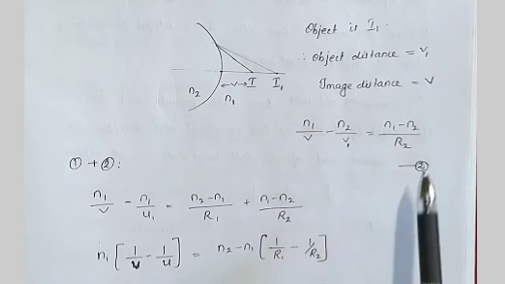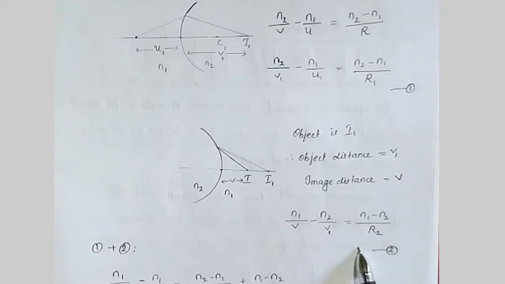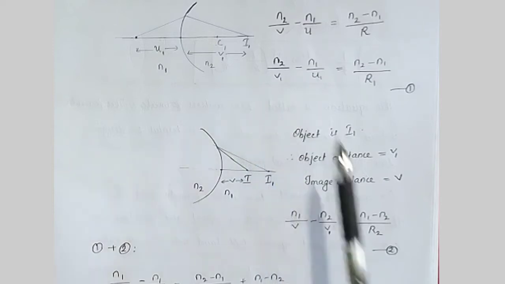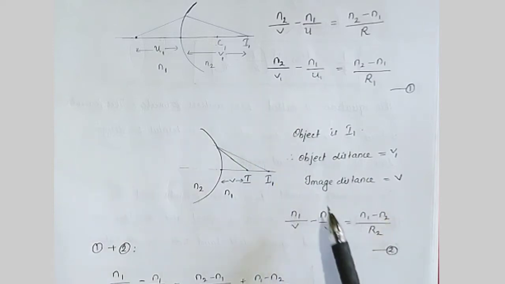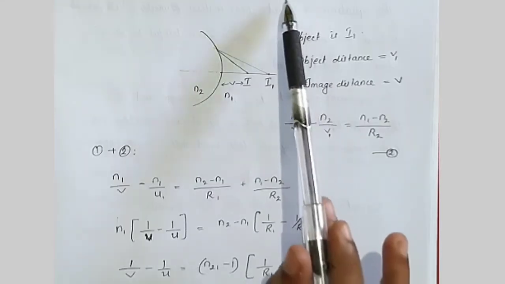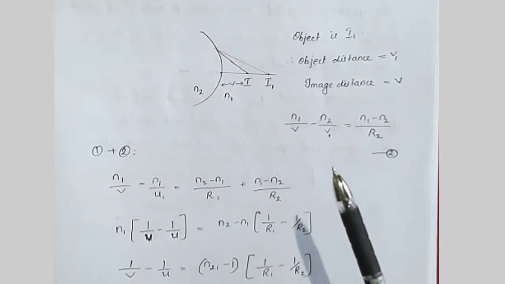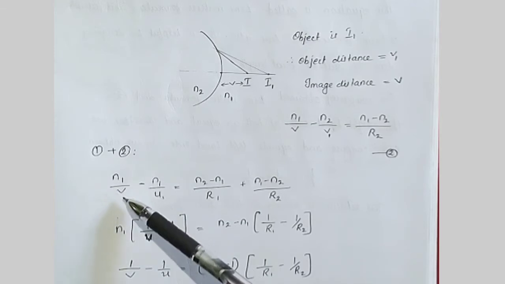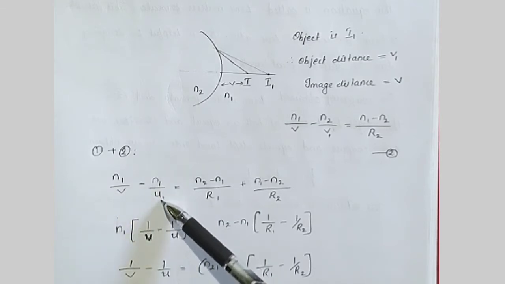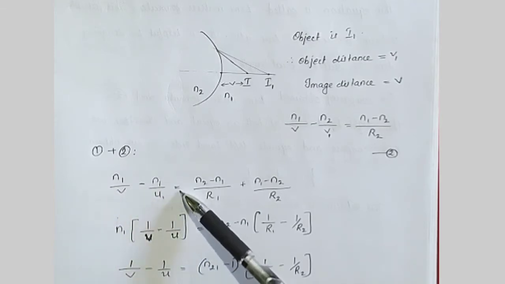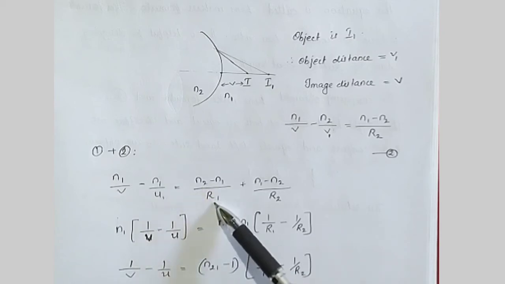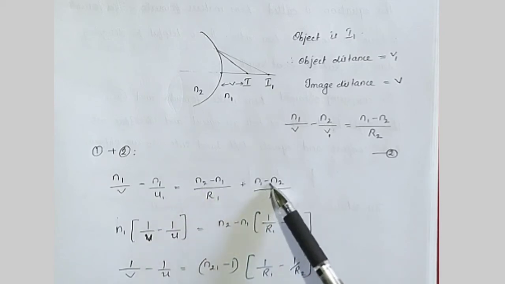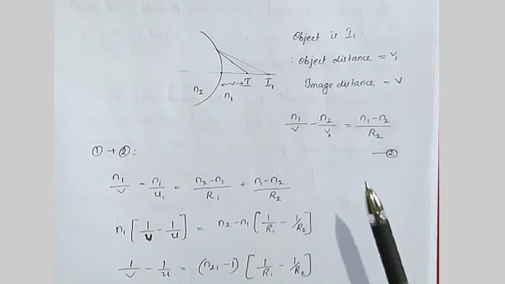Therefore, now the relation becomes n1 by v minus n2 by v1 is equal to n1 minus n2 by r2. So, we have obtained two results for the refractions through the two spherical surfaces of the lens. On adding these two, we obtain the relation n1 by v minus n1 by u is equal to n2 minus n1 by r1 plus n1 minus n2 by r2.